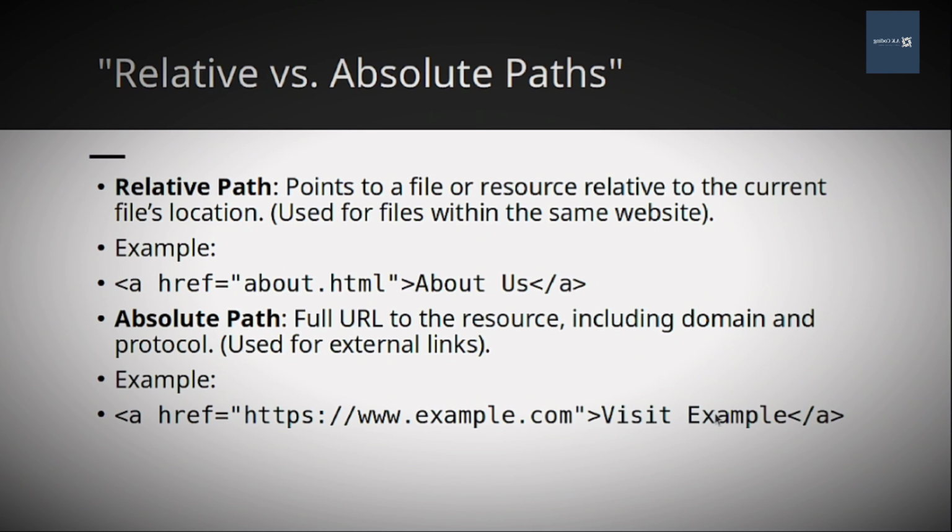When you click this, it goes to the example.com website. So the difference between them is that a relative path is only used for files within the same website, but an absolute path is used for external links.